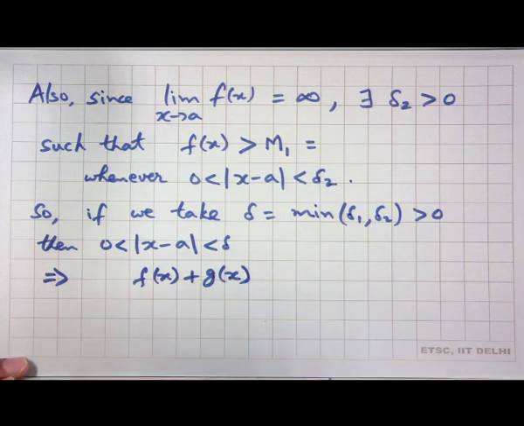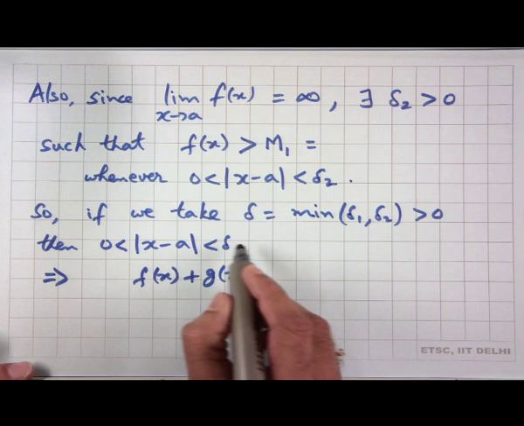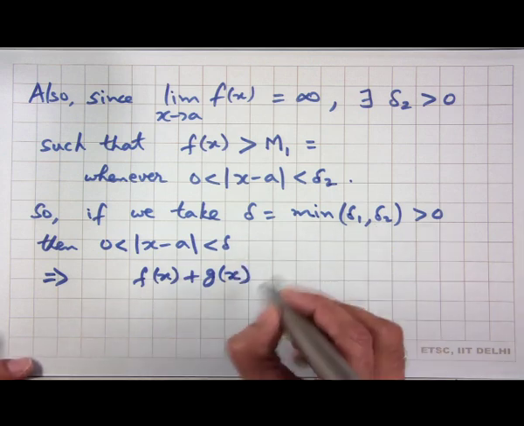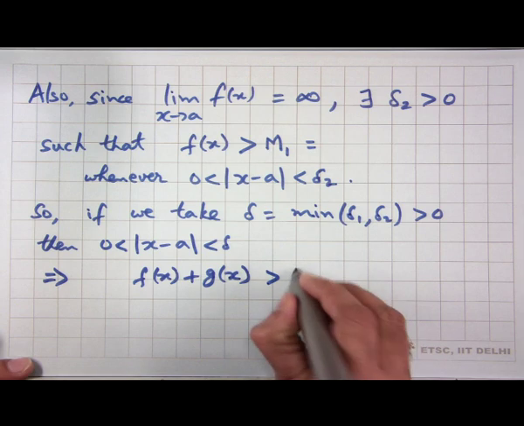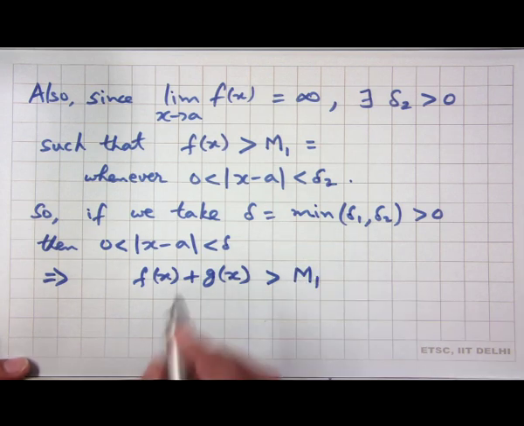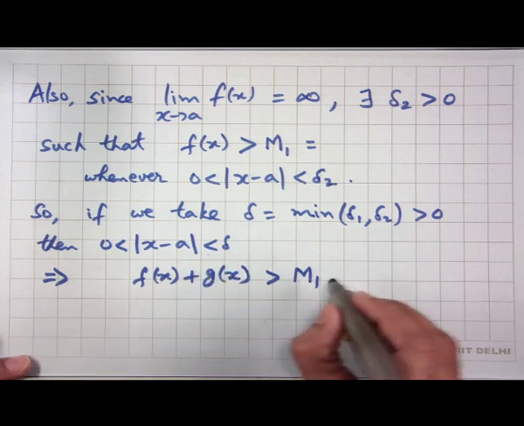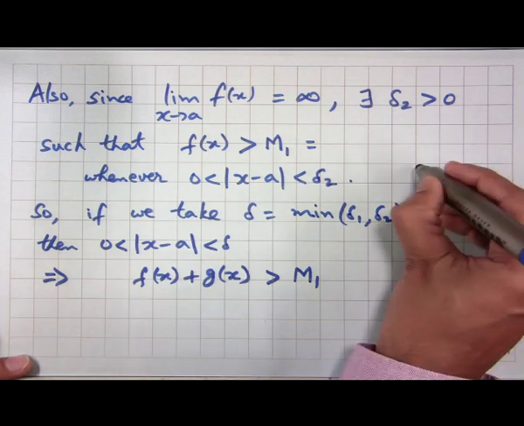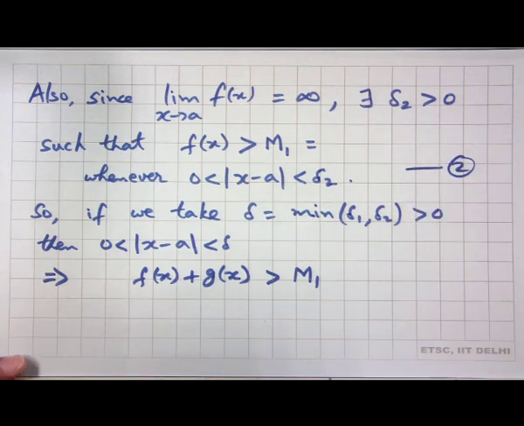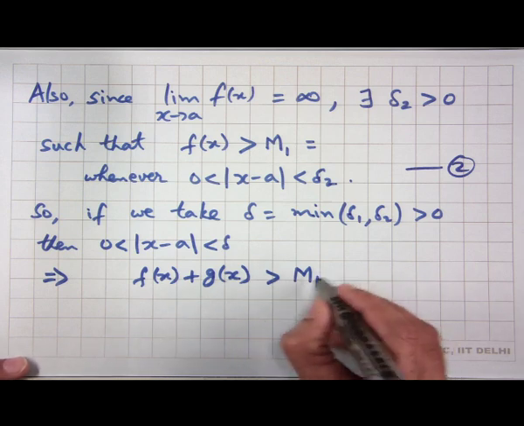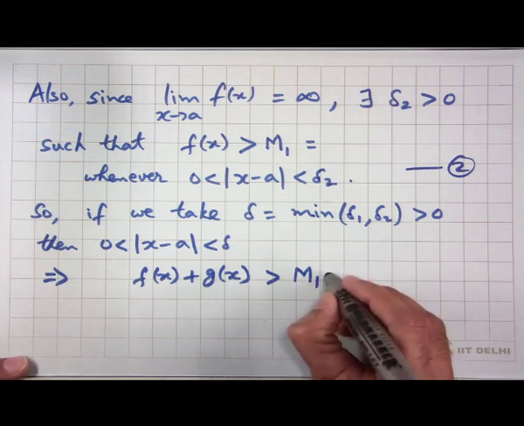Because mod x minus a is less than delta, which is less than delta 2, f x is greater than m 1, and mod x minus a is less than delta 1 also. So, by 1, this is 1, this is 2, by 1 g of x is greater than L minus 1.